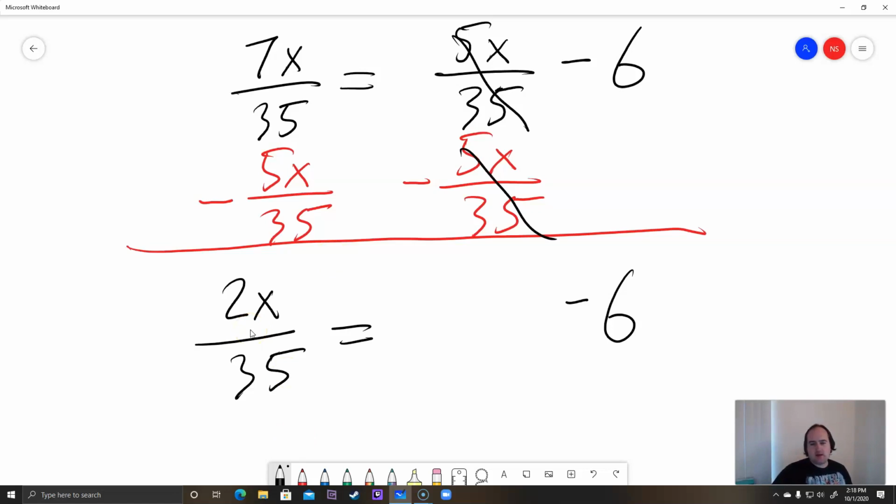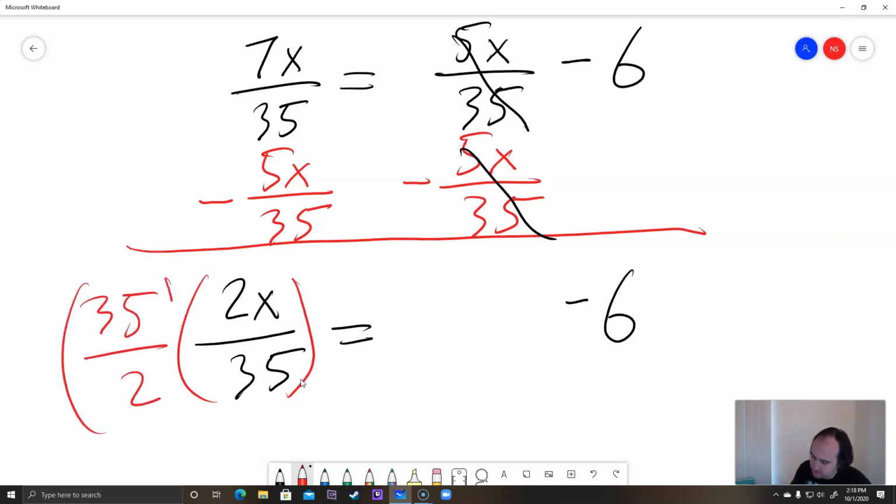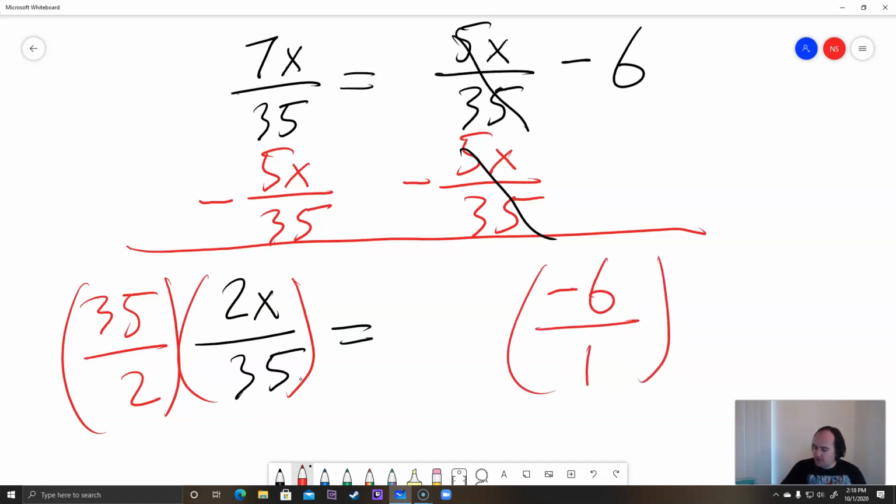The way we do that is we multiply both sides by the reciprocal of 2 over 35. And remember, reciprocal just means you flip it over. So we're going to multiply both sides by 35 over 2. On the right side, remember that if they don't write the denominator for negative 6, it's automatically 1. So on the right side, we actually have negative 6 over 1, and we're going to be multiplying both sides by 35 over 2.